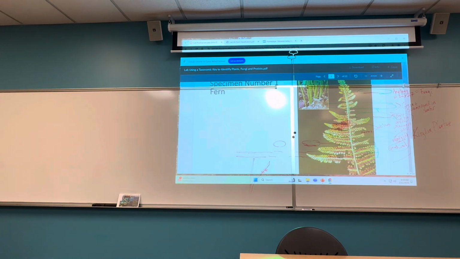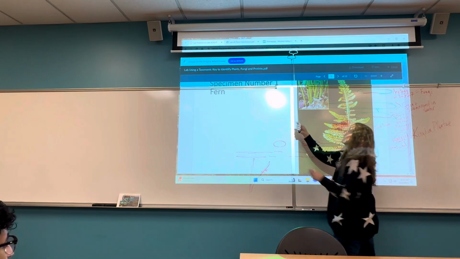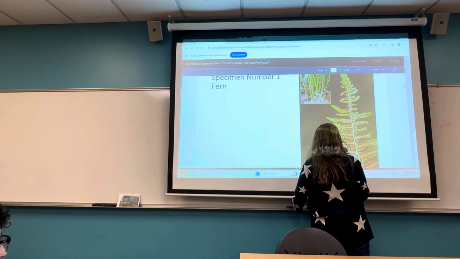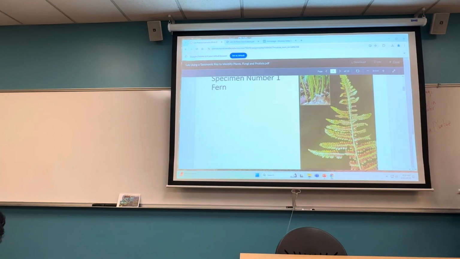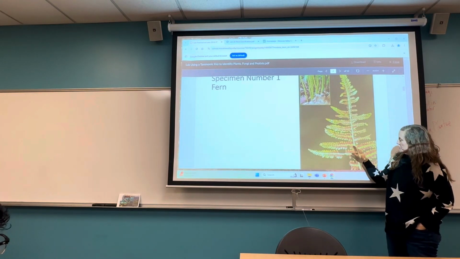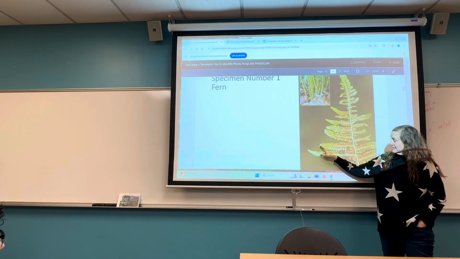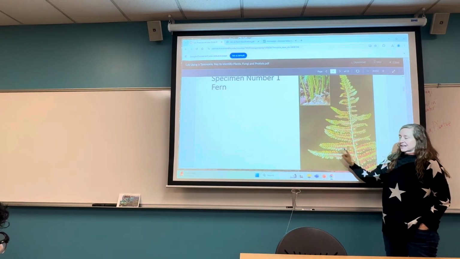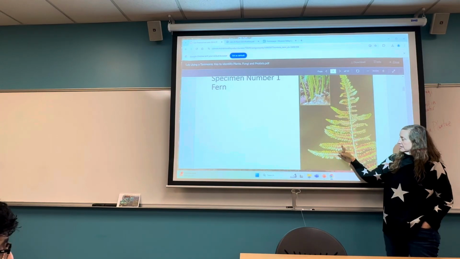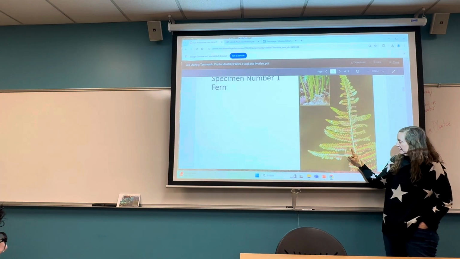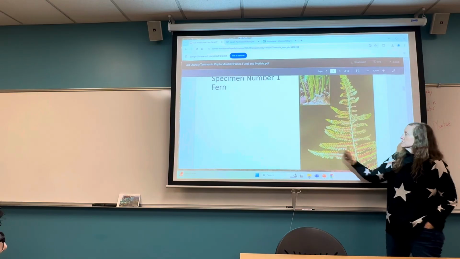So here you can see the leaves. This one has a lot of spores, but like I said, we won't have a lot of spores. I don't think any of them do. So the leaf has leaves on it, leaflets. So this is a pinnate leaf, because the main leaf, the whole leaf, has a lot of little leaves on it. So that's good, fern.